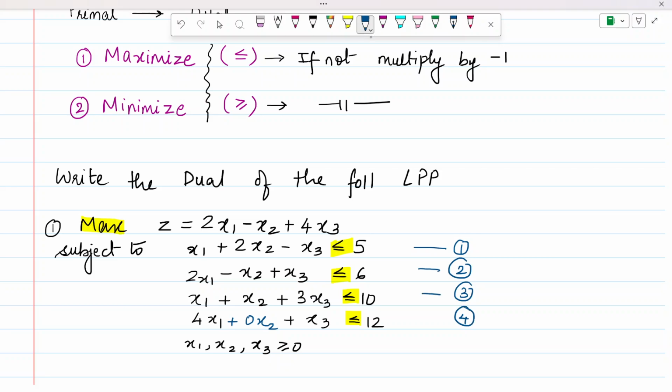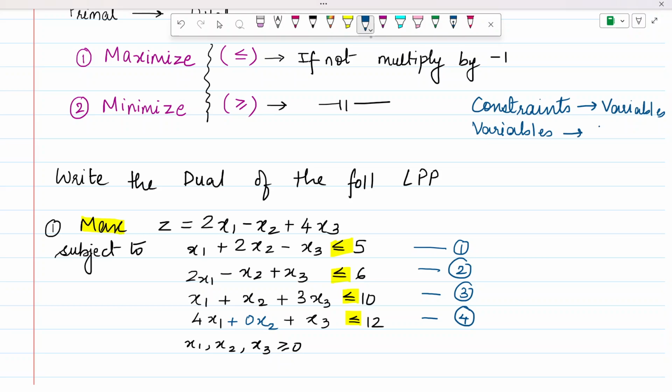So the dual will have four variables. You need to understand what happens in the dual: the constraints give you the variables and the variables give you the constraints. It's the other way around.